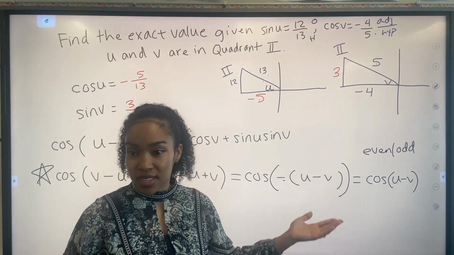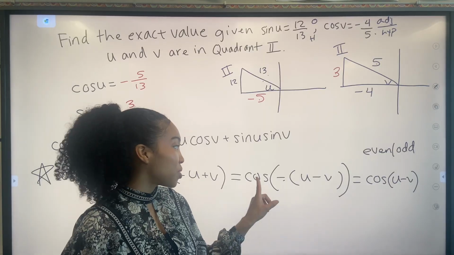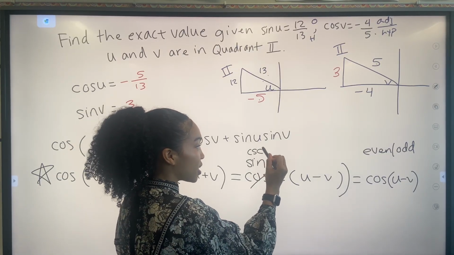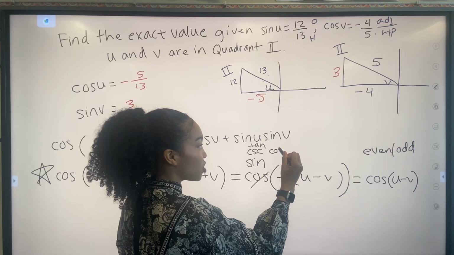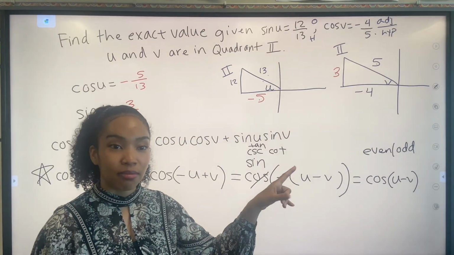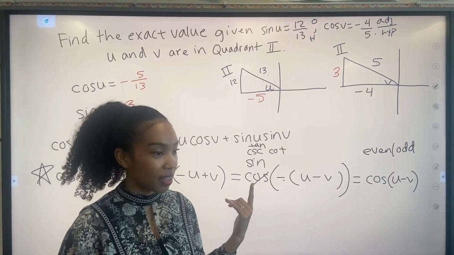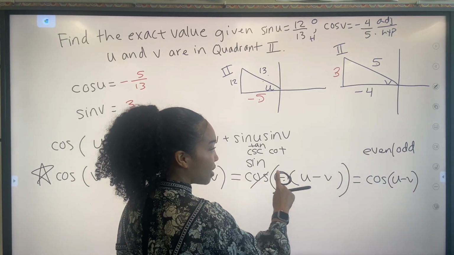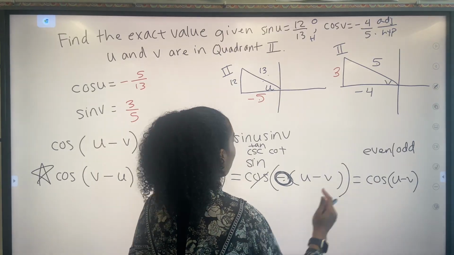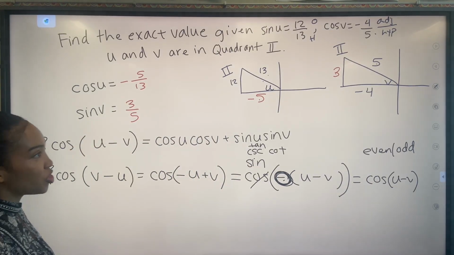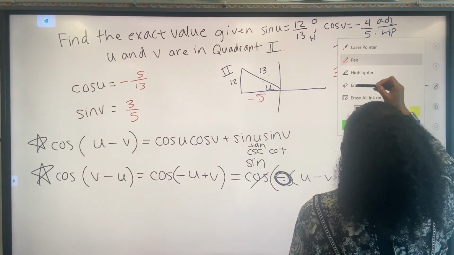Your answer is going to be the same. Now, if this was sine or cosecant or tangent or cotangent, then you can still do the same formula, but at the very end, change the sign, okay? However, since it's cosine and you have a negative on the inside, it stays the same. So we can still use this formula that's on your formula sheet. You'll get the same answer.